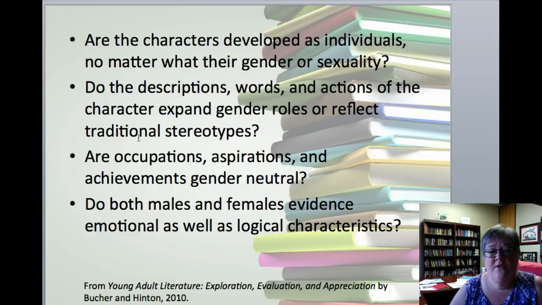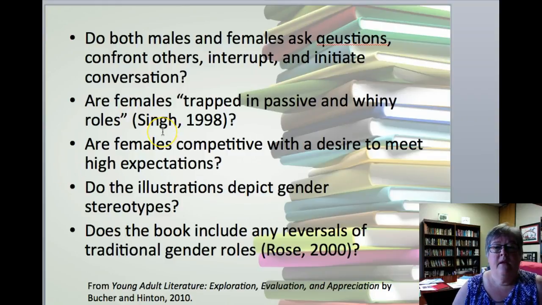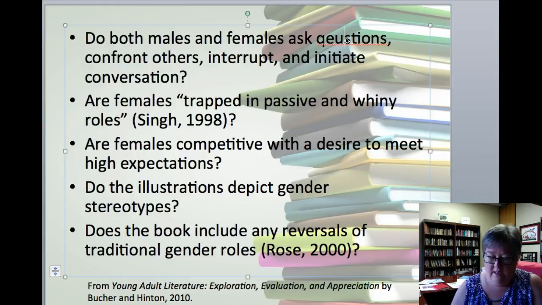You want to ask yourself if the occupations, aspirations, and achievements are gender neutral. You want to consider whether or not males and females evidence as emotional as well as logical characteristics. You want to consider whether or not males and females confront others, interrupt, and initiate conversation.